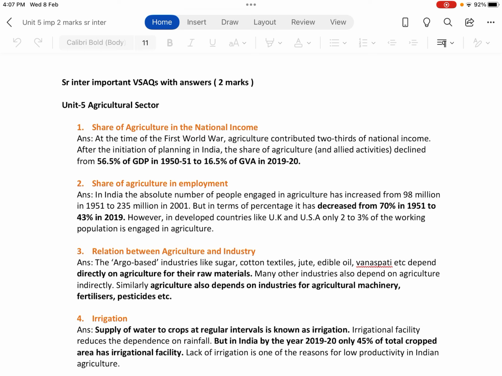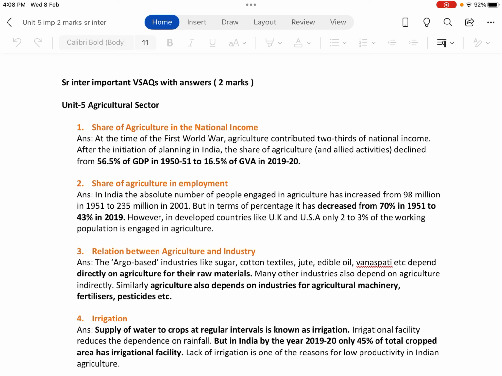At the time of the First World War, agriculture contributed 2/3 of national income, and after the initiation of planning in India, the share of agriculture and allied activities, which means all the other activities related to the primary sector, like forestry, fishery, animal husbandry, are called allied activities, declined from 56.5% of GDP in 1950-51 to 16.5% of GVA in 2019-20.